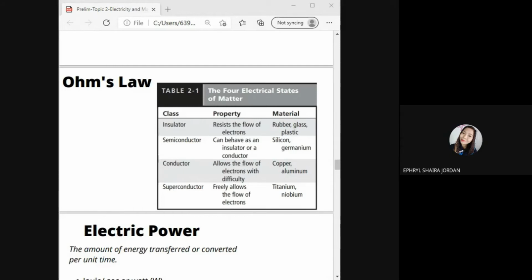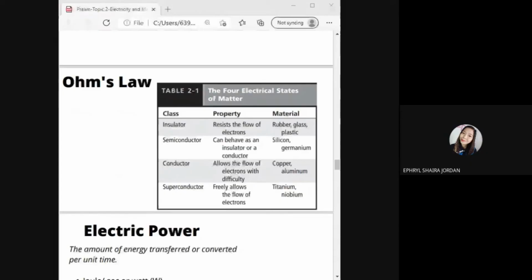However, to behave as a superconductor, such as niobium does, a material has no resistance at all, but it has to be in an extremely cold or cryogenic environment. That is its requirement.